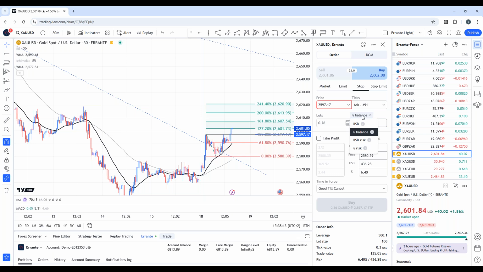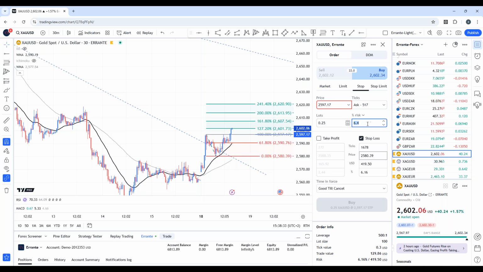In that case, I can just check the percentage risk. So here you see the percentage risk is not going to change my stop loss as a price here. It's going to change my risk percentage and my position size.